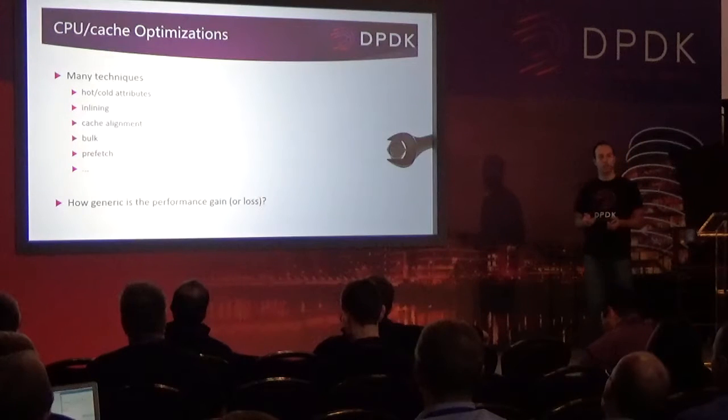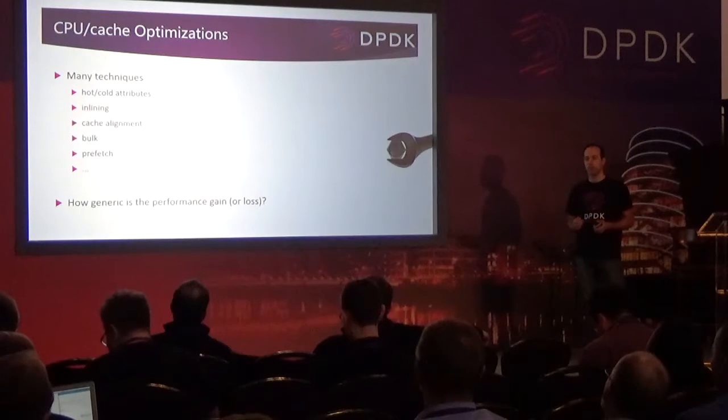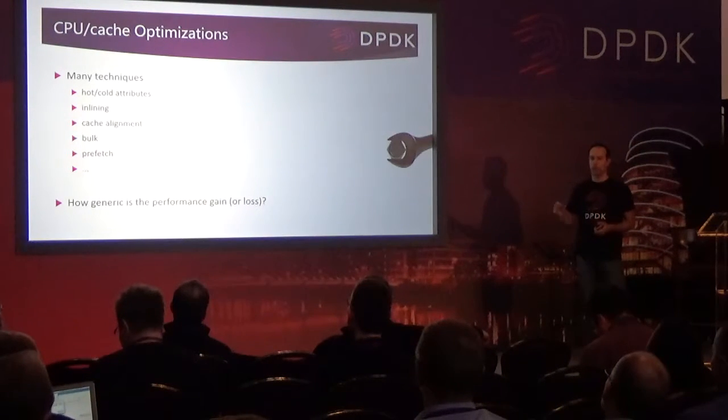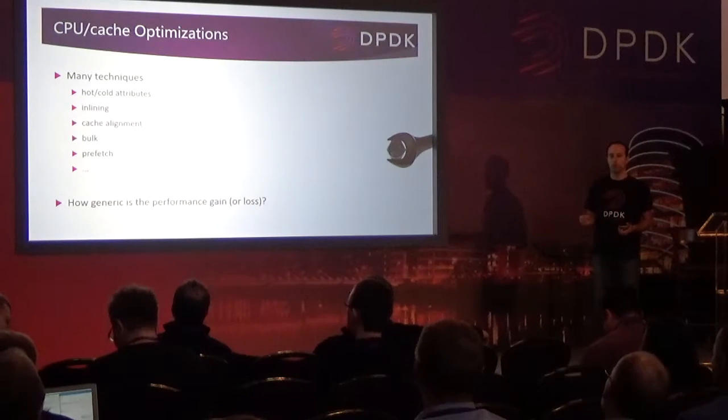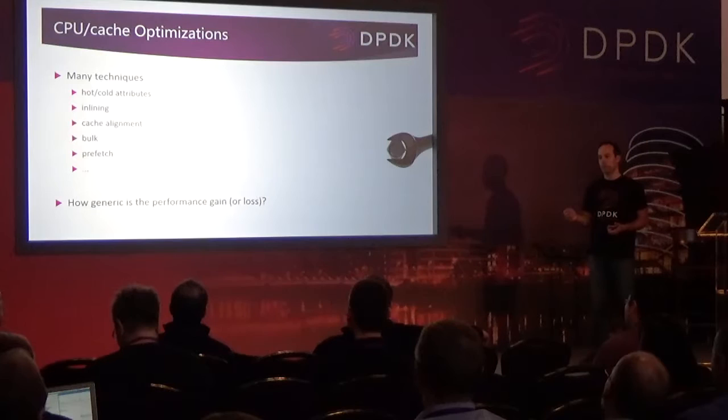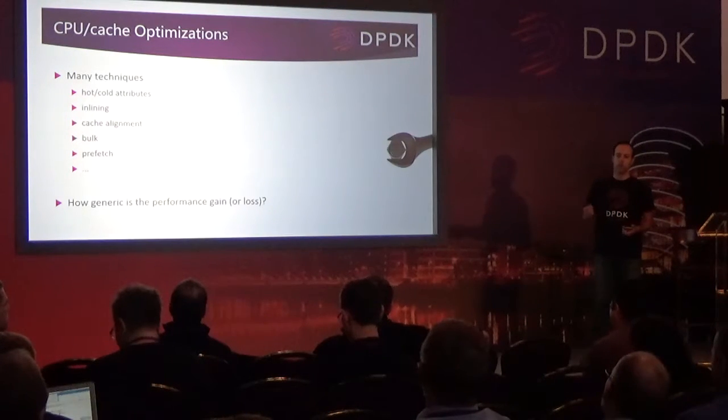And again, the main priority for DPDK is to have the best performance on every architecture. But we must be careful when doing an optimization which we could think is generic, but which will trigger a regression on another architecture.